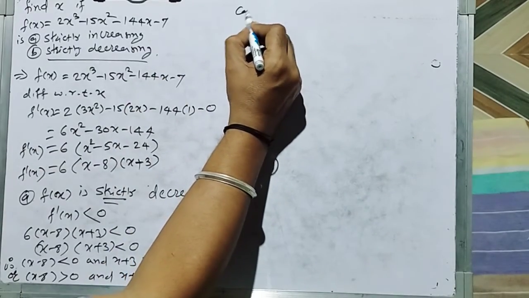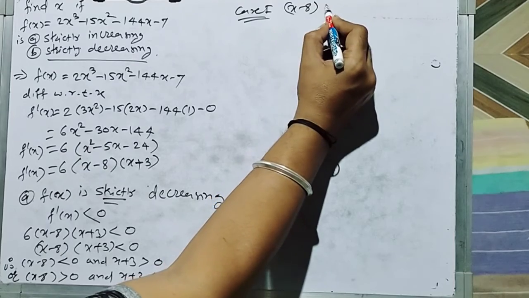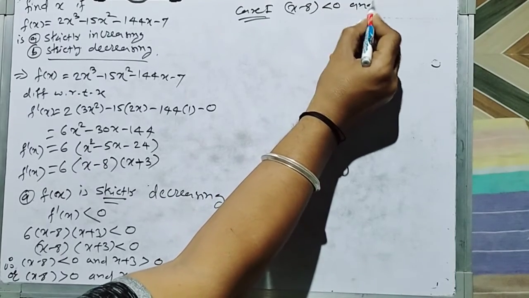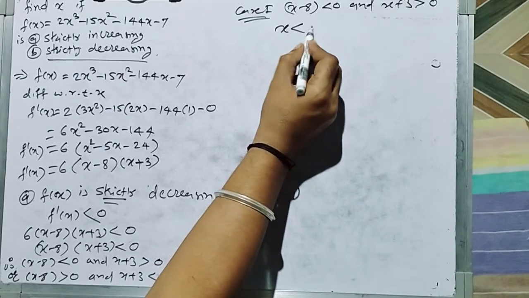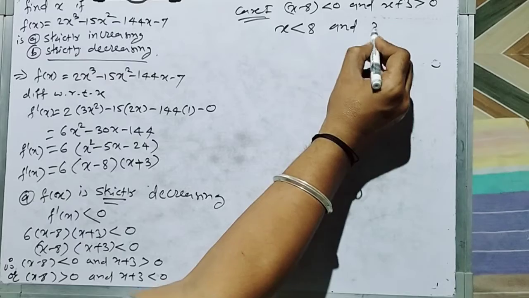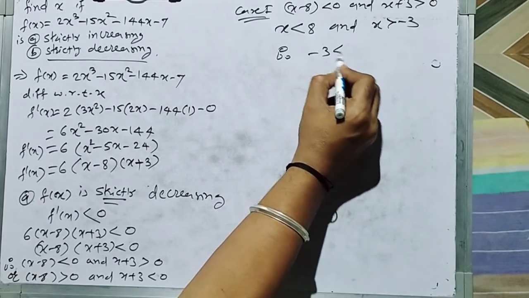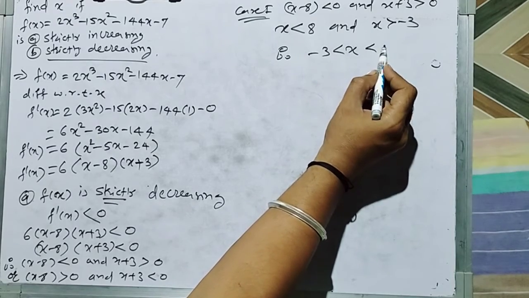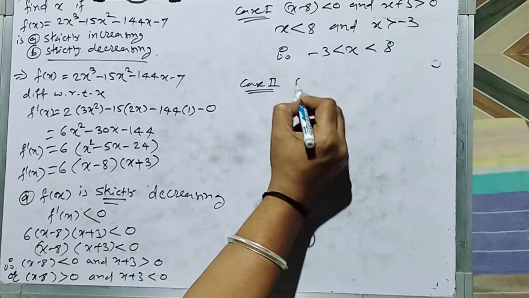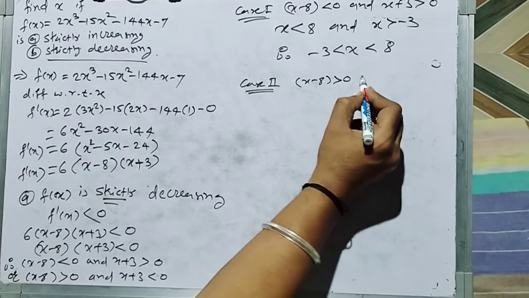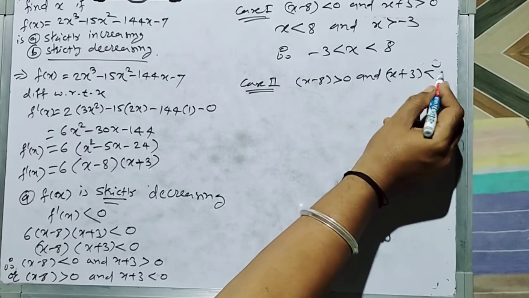Now consider first case. So here x minus 8 is less than 0 and x plus 3 is greater than 0. It means x is less than 8 and x is greater than minus 3. So therefore minus 3 is less than x is less than 8. For second case, x minus 8 is greater than 0 and x plus 3 is less than 0.